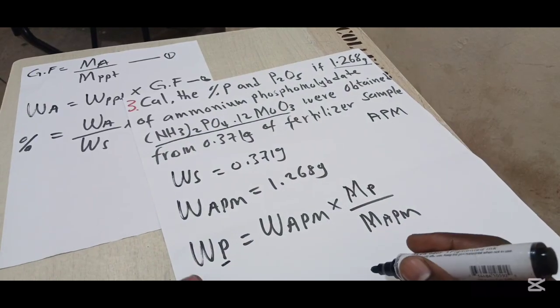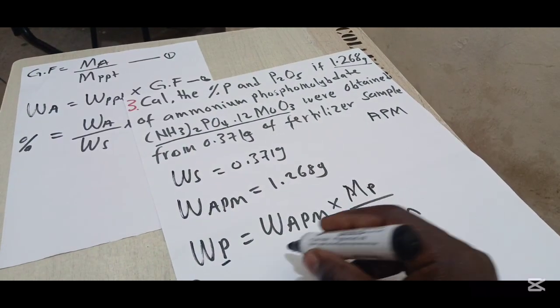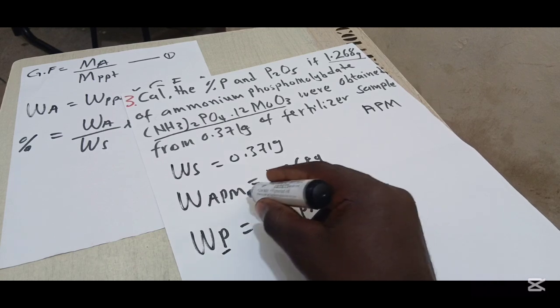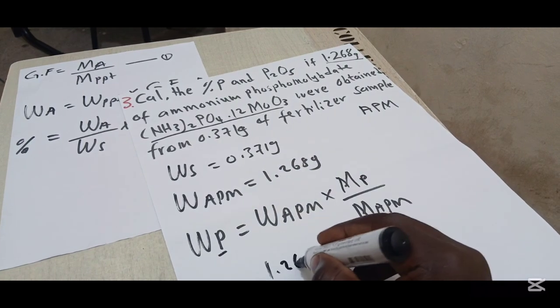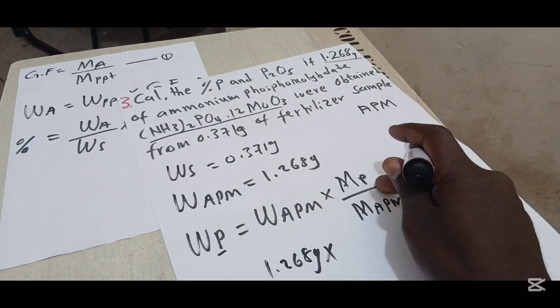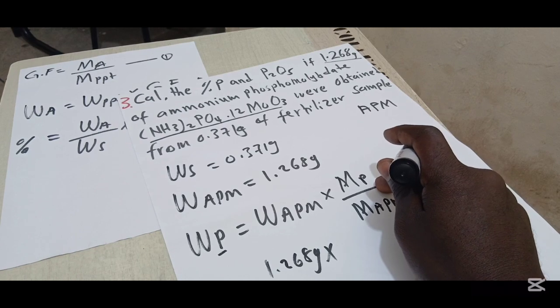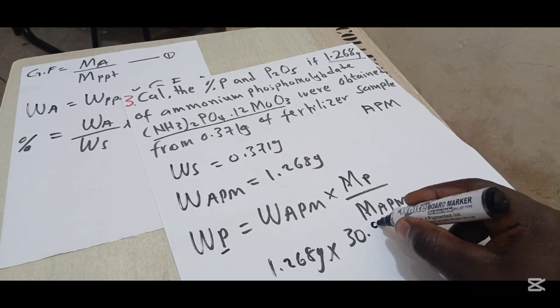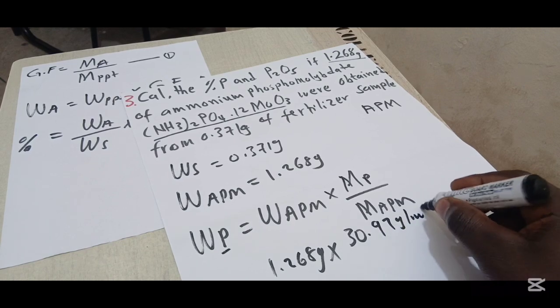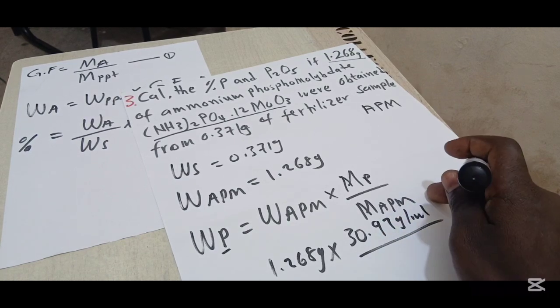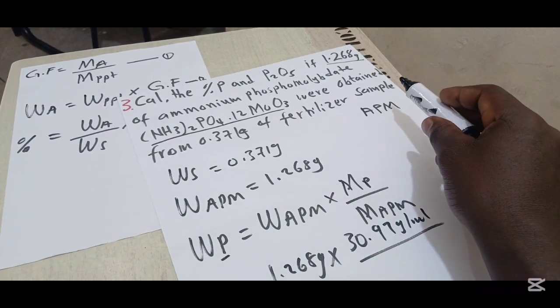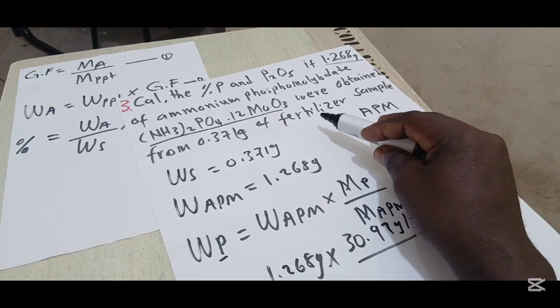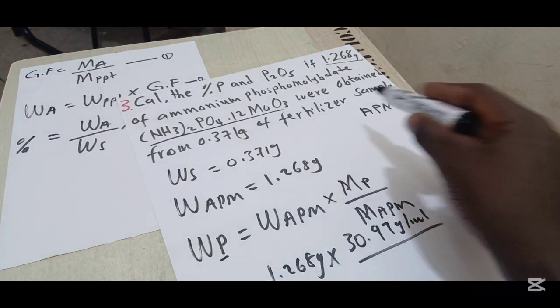So the weight of APM is 1.268 grams times the molar mass of phosphorus, which is 30.97 grams per mole, all over the molar mass of APM, which is given. Then we just have to calculate the molar mass of APM.